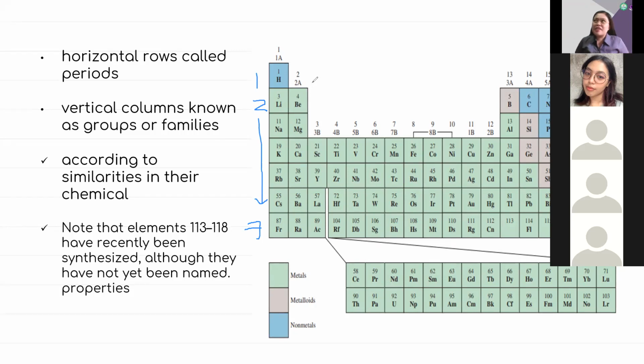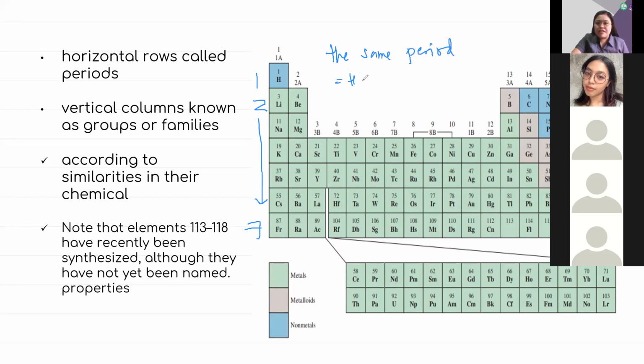And these elements that are grouped together actually share some characteristics. When they belong to the same period, what characteristic do they share?